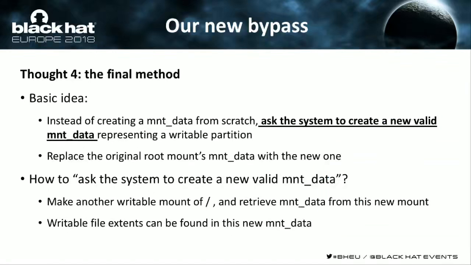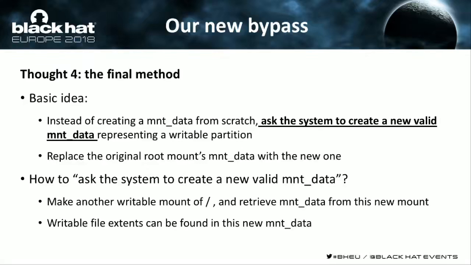At last, a final thought comes into my mind. Instead of creating mount data from scratch, maybe we can ask the system to create a new mount data for us. This mount data is also valid, and we replace the original root mount data with the newly created one.